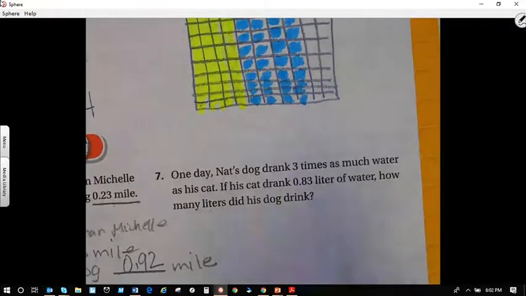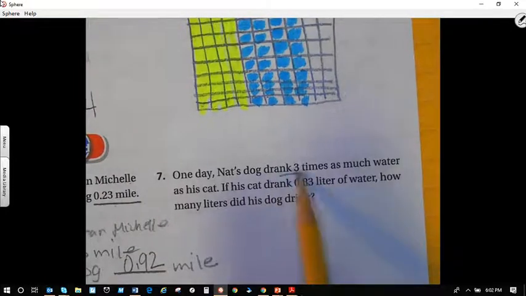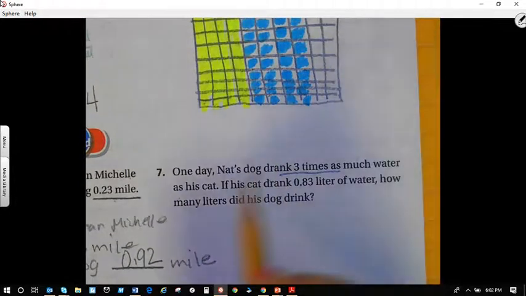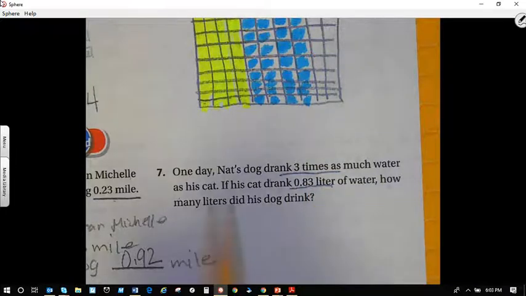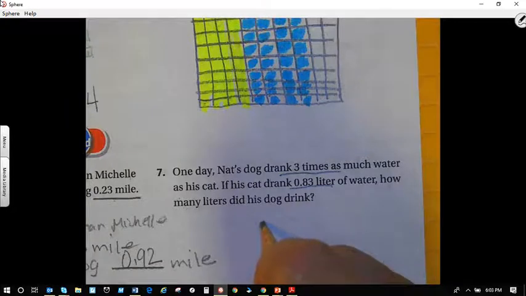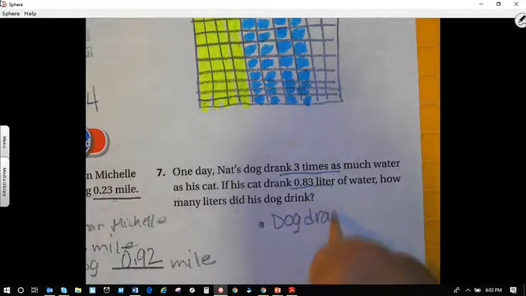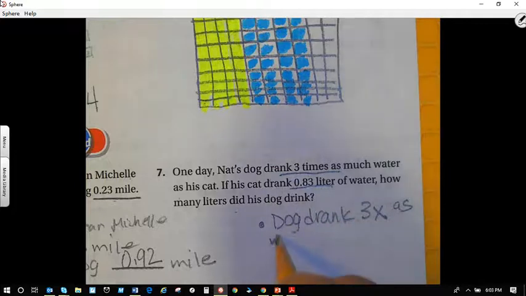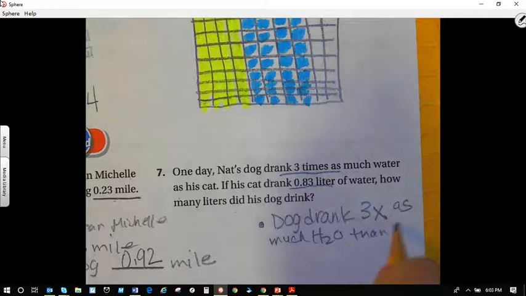One day, Nat's dog drank 3 times as much water as his cat. Wow, he must have been really thirsty. If his cat drank 83 hundredths of a liter of water, how many liters did his dog drink? Okay, so dog drank 3 times as much water than cat.